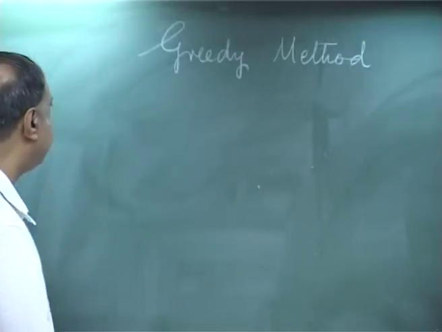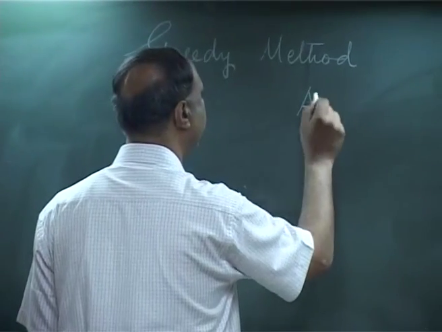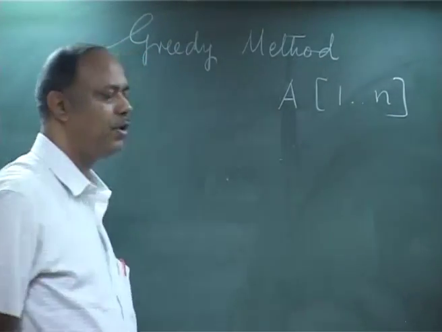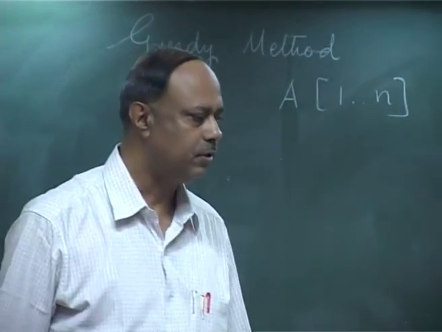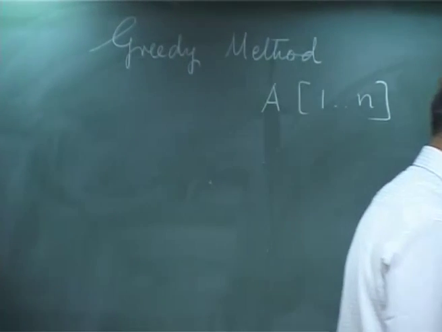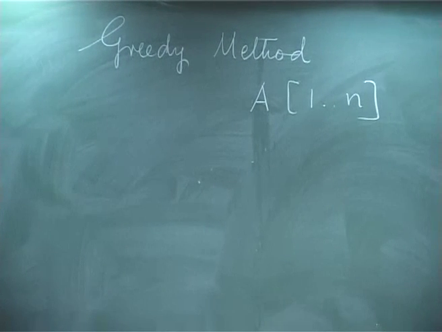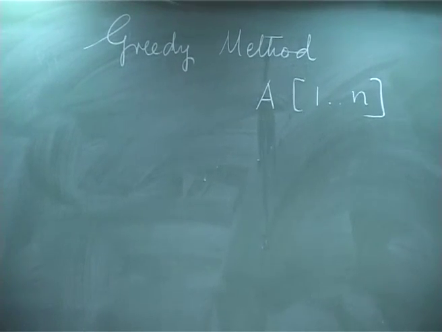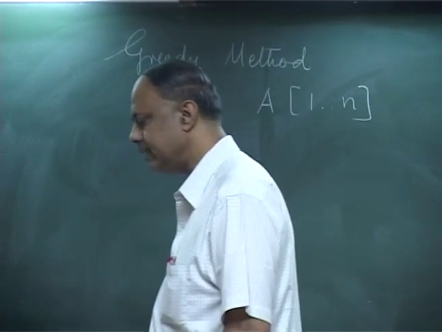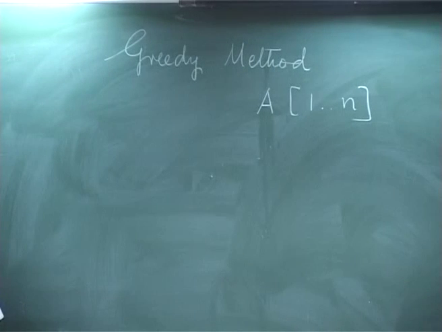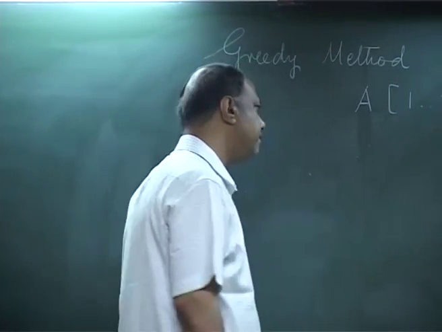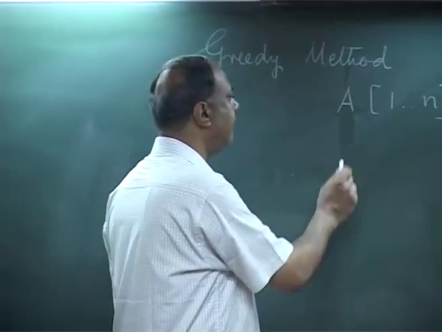Now here let us assume that there are n possible entities, and you want to find the best solution using these n entities. Say A1, A2, An are the entities, and now you have to select one by one so that you get the best possible solution for your problem.